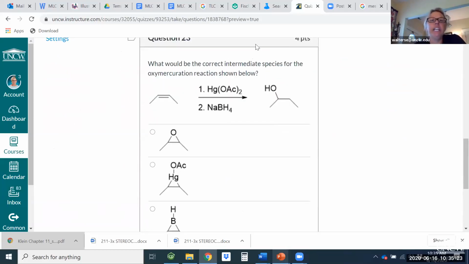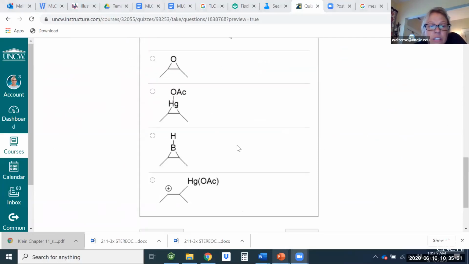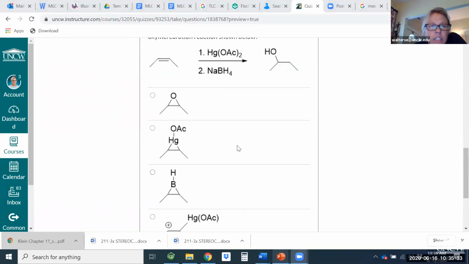Okay, so the intermediate for oxymercuration, that's called the mercurinium ion. It should be this. But the mercury should have a formal charge of plus.